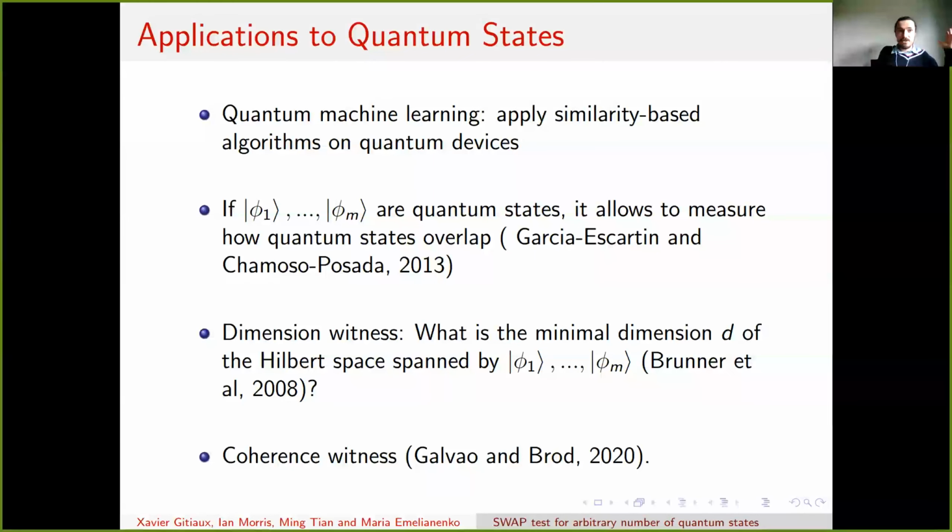So besides just doing quantum-based machine learning, here are a few examples. There are probably more, but here are the ones we have thought about. One simple one: you give me m quantum vectors, and you ask me which ones are identical.